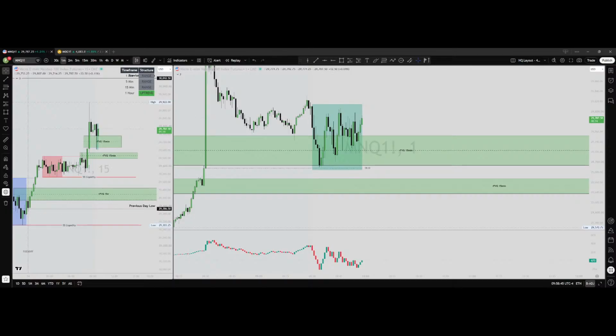Over the last 3 days, this has happened. We are judging the direction correctly, we are entering the trade as well, but then price just slows down.